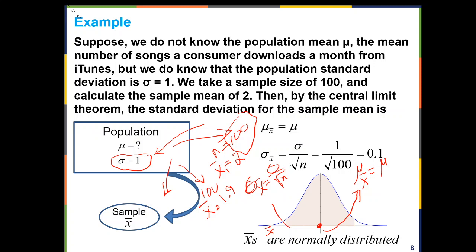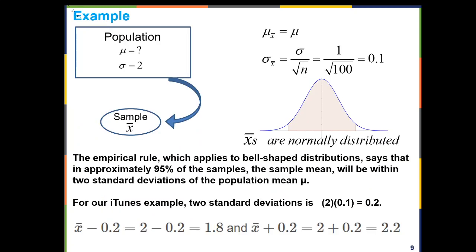So we're not 100% sure that 2 is actually the mean we're looking for, but we could be 95% sure. Remember the empirical rule? By the empirical rule, we know that in a symmetric distribution, 95% of the X bars are within 2 standard deviations of the mean.